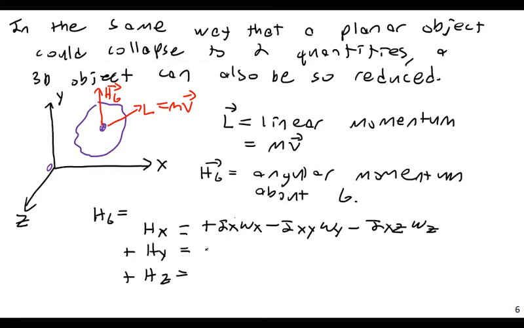Hy is negative Iyx omega x, plus Iy omega y, minus Iyz omega z.